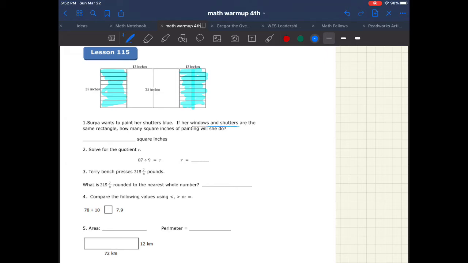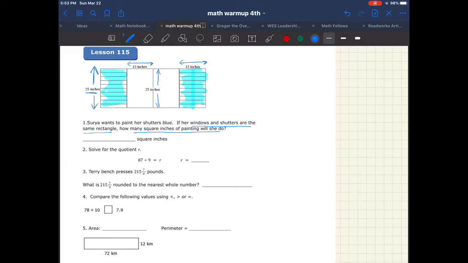The window and the shutters are the same rectangle. And then how many square inches of painting will she do? So we've got all these numbers up here. Over here, 25 inches. I think that is saying how tall the windows are, and the shutters are the same as the windows, so everything is 25 inches tall. 13 inches, it looks like the shutters are 13 inches wide, and this window is also 13 inches wide.